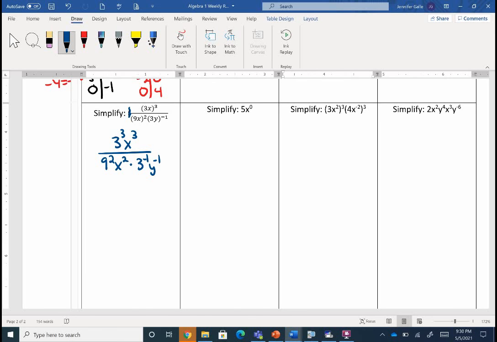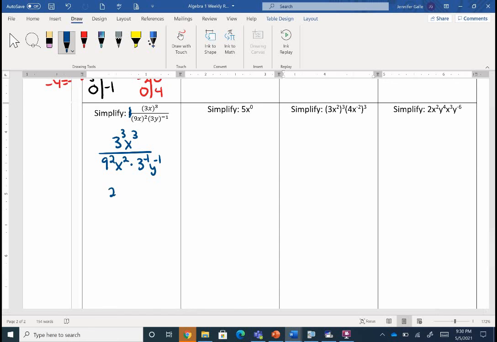I'm going to go ahead and do a little bit of simplifying. 3 to the third is 27. 9 to the second is 81. And the negative values are going to pop up top. So we have a 3y that's going to be in the numerator. 27 times 3.